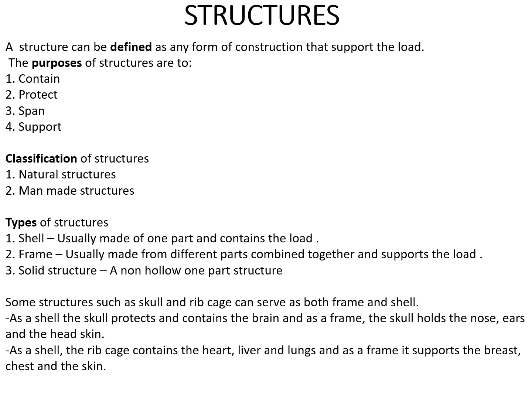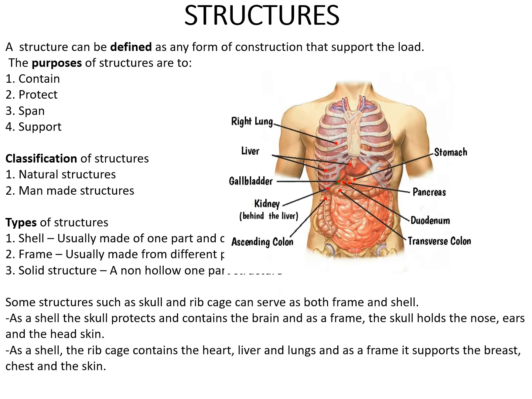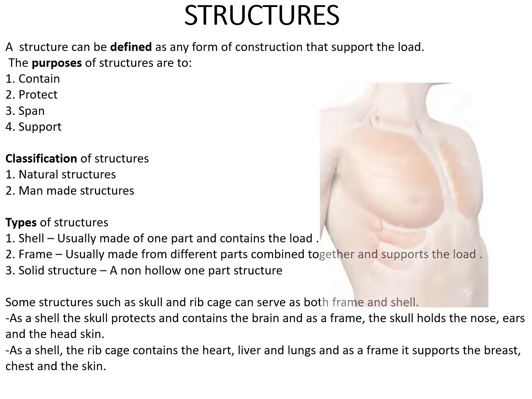We also have the rib cage. The rib cage is a shell. It contains the heart, the liver, the lungs, as you can see there. Those are your lungs inside the rib cage. In this regard, the rib cage will be acting as a shell.